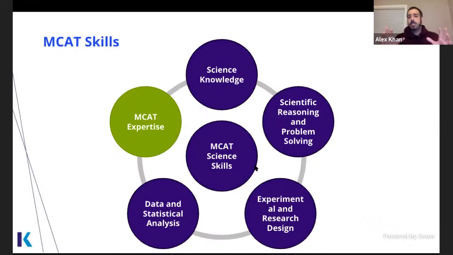And my favorite MCAT expertise, which is what's highlighted right now. Why is this my favorite? Because there's a misconception that the MCAT is super hard from a science standpoint only. Yes, you need to know your stuff, but just because a question looks really hard on the surface doesn't mean it's actually asking about the content that's there.